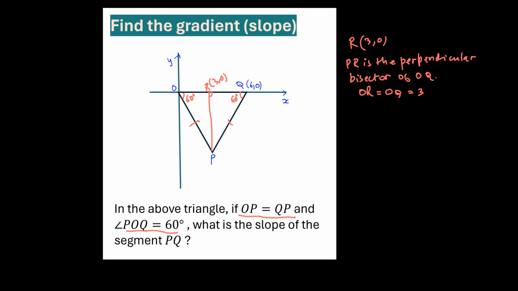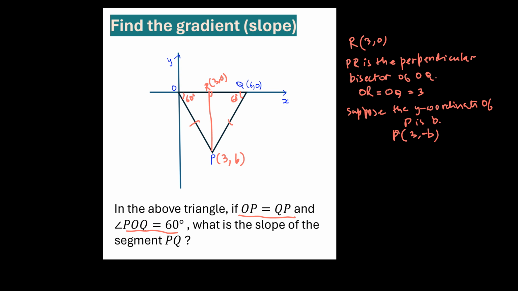But we can say that the coordinate of P is going to be, the x coordinate is going to be 3, and assume that the y coordinate is B. So suppose the y coordinate of P is B. So hence the point is written as 3, B. So see, B is going to be negative, so we can write it as minus B, because the y coordinate is negative.